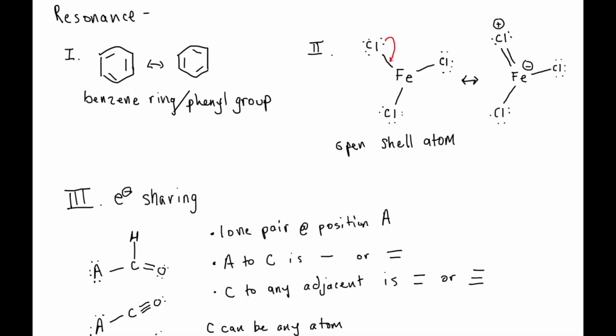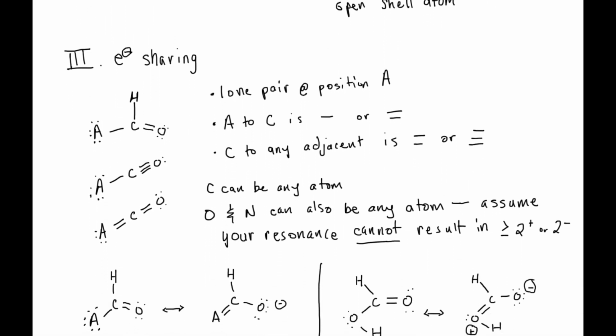Can push a pair down, and thus make a full octet for the iron. We get some unfavorable charges, but we have a full octet. So it is a possible form of resonance, and it does have some energetic favorability at times when it comes to providing a full octet, although we have unfavorable charges.